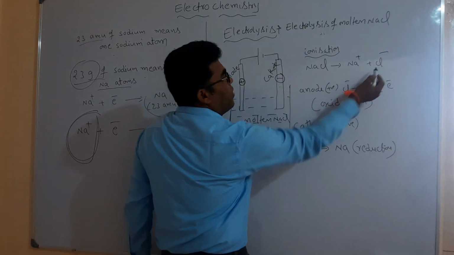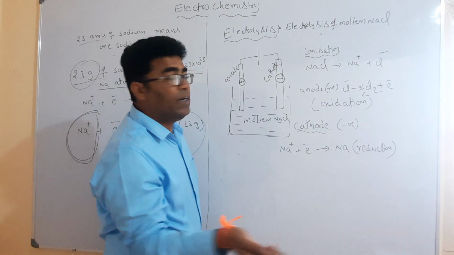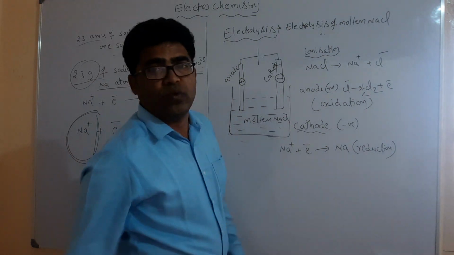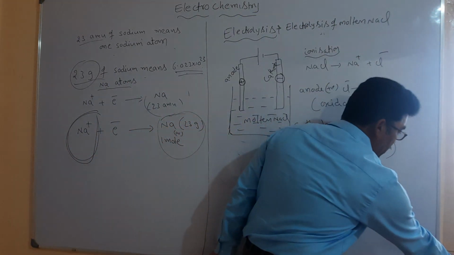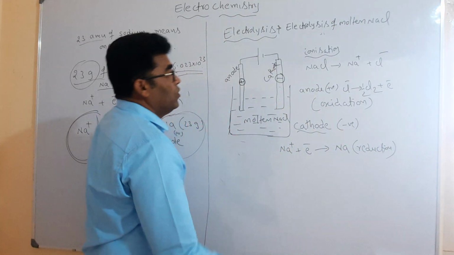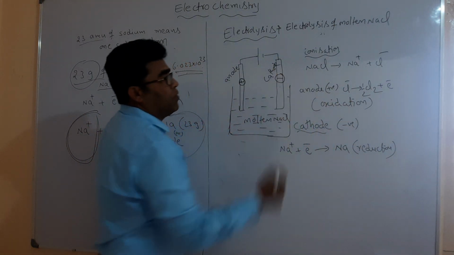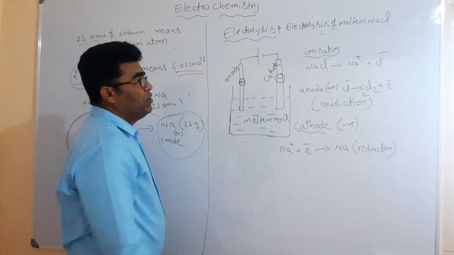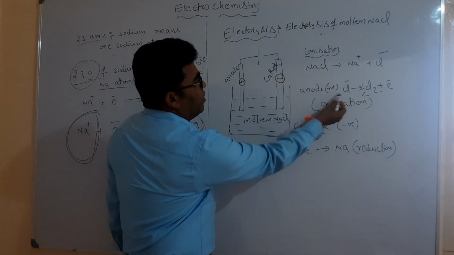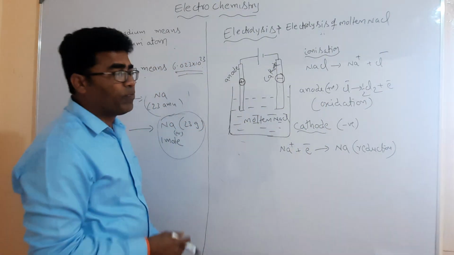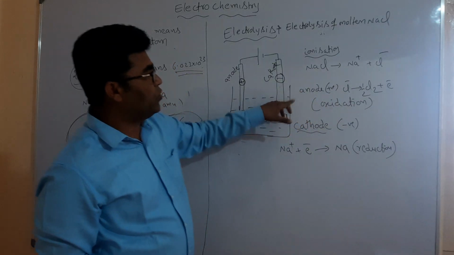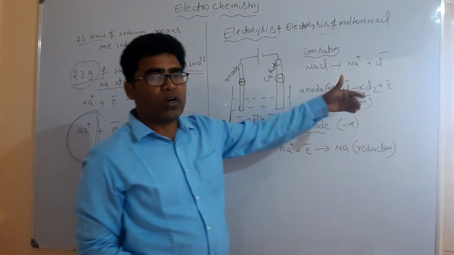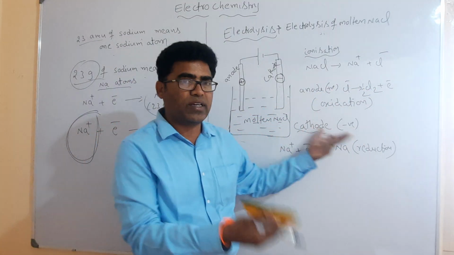Now Cl minus, being negative, will migrate towards the positive rod, the anode.